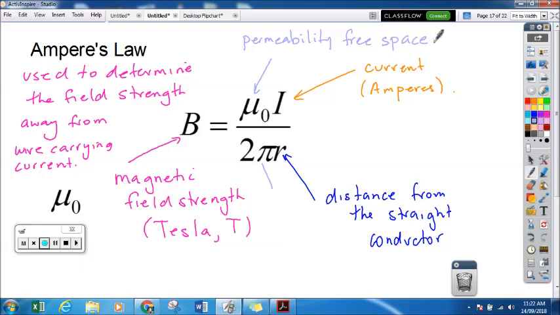Not to be confused with its cousin over in the electric section, which is the permittivity of free space. The permeability of free space is a measure of how well the magnetic field can penetrate a vacuum or the substance that it's moving through.